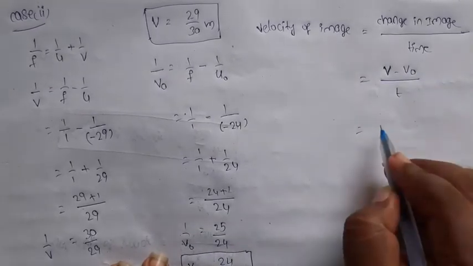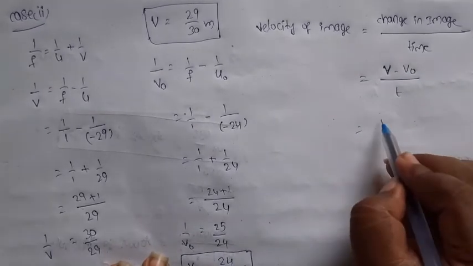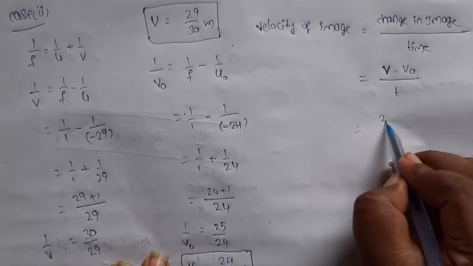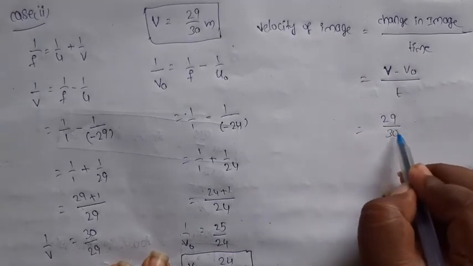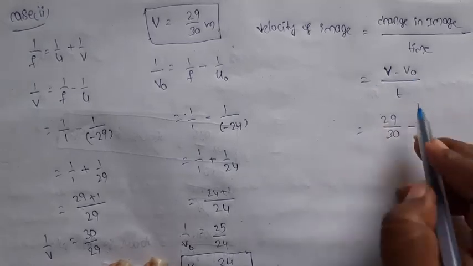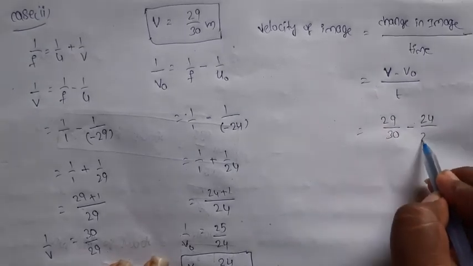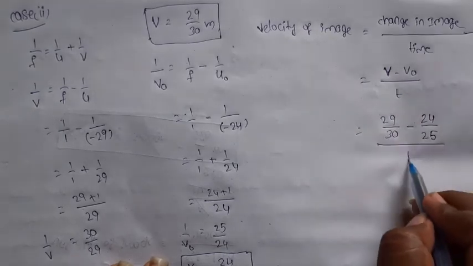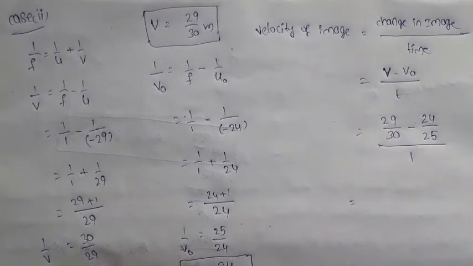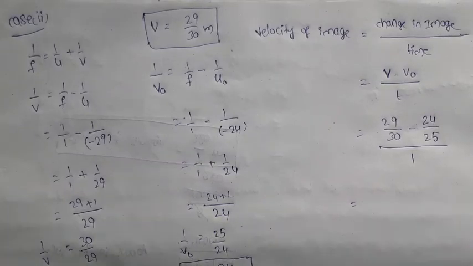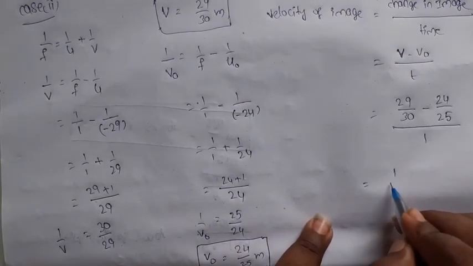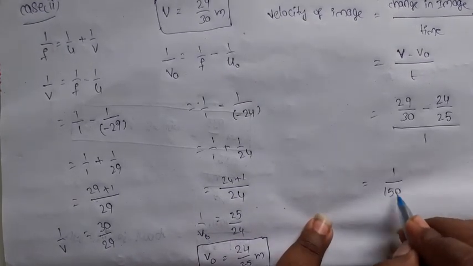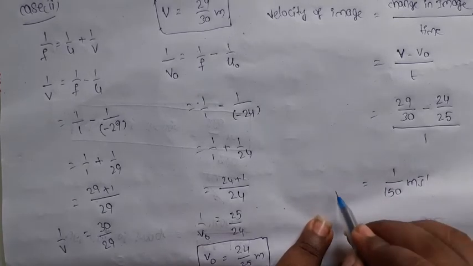V value, image distance v equal to 29 by 30 minus v naught value 24 by 25, by time at 1 second. Okay, find out this value, 1 by 150 meter per second.